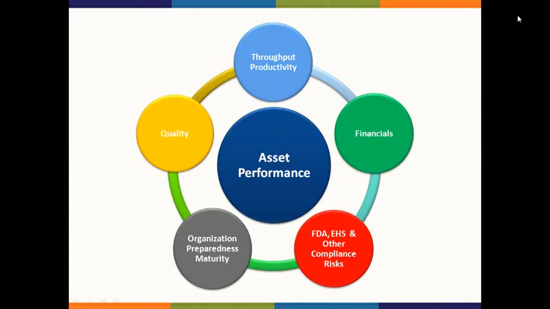We have also seen that underperforming assets can have an impact on the quality of the production or the quality of the service provided to other departments within the organization. And the last and probably most important thing is the maturity of the workforce engaged in managing these assets.